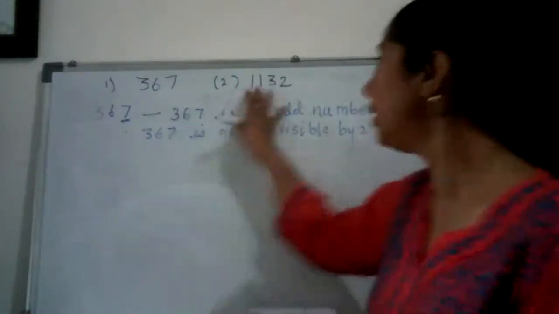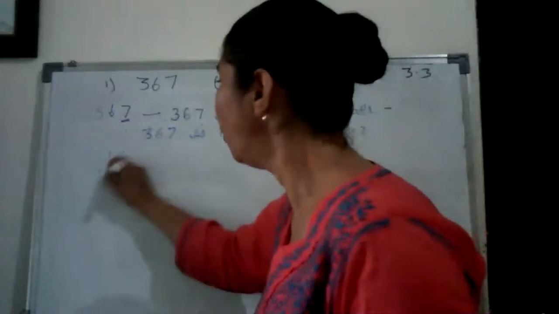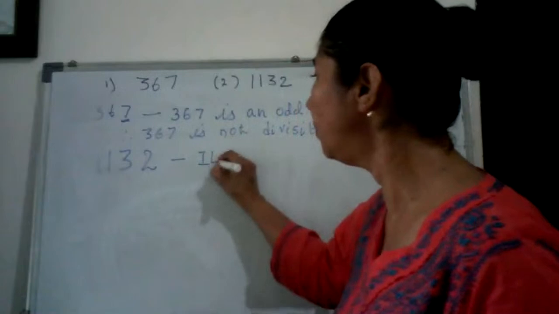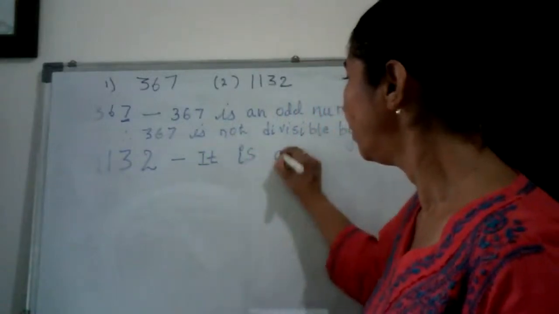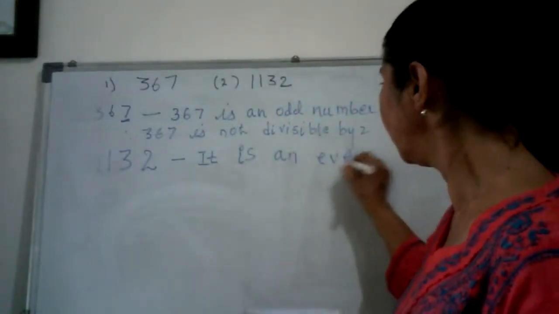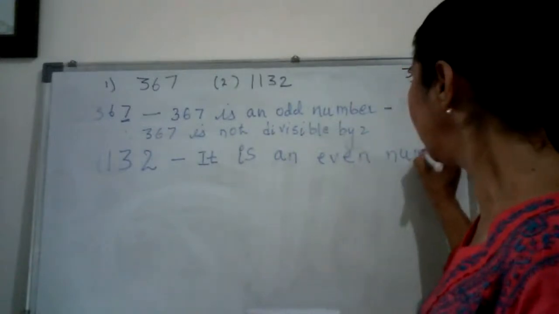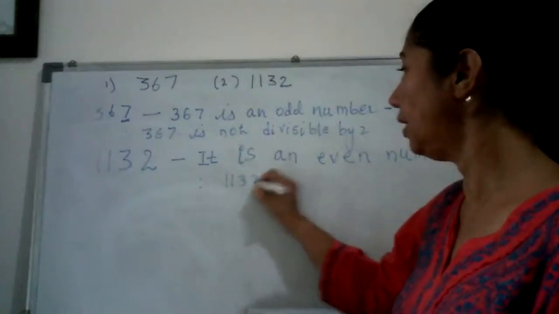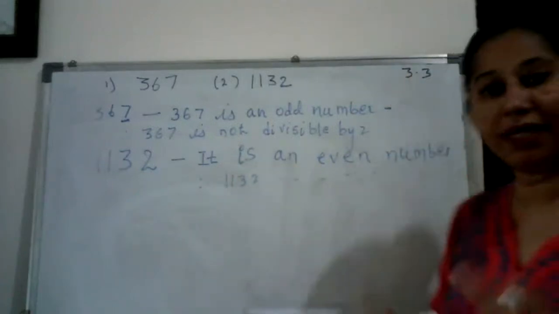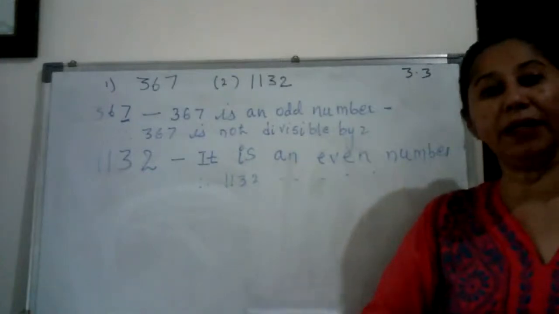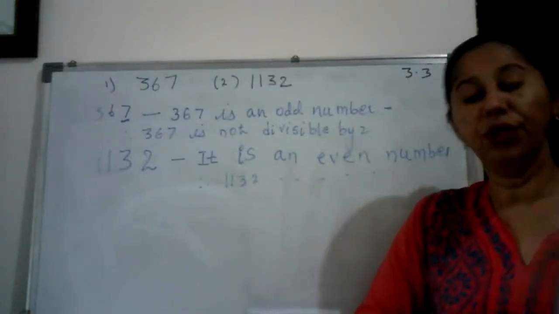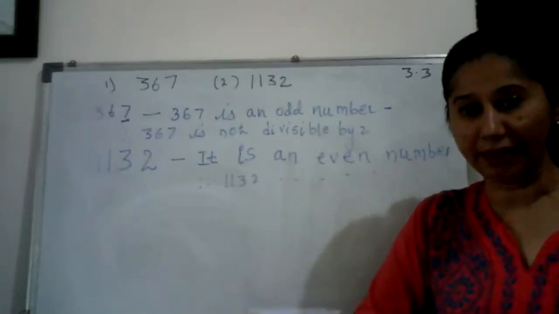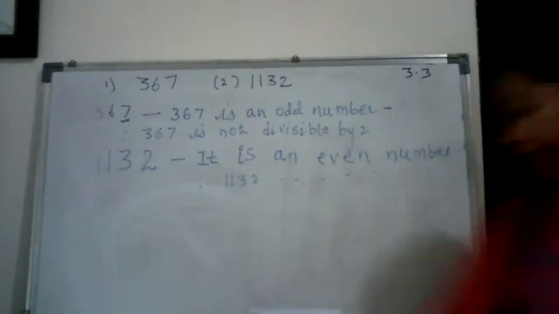Then 1132 is an even number, and therefore you write yes, 1132 is divisible by 2. I hope this is clear. It's very simple to write, and we write it using the test only. So be clear with it.